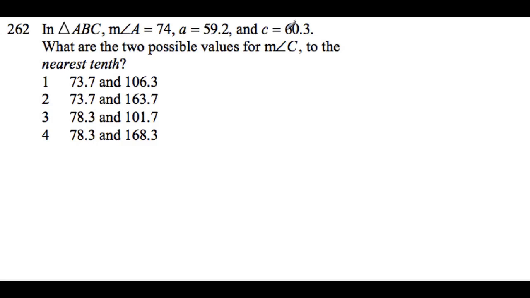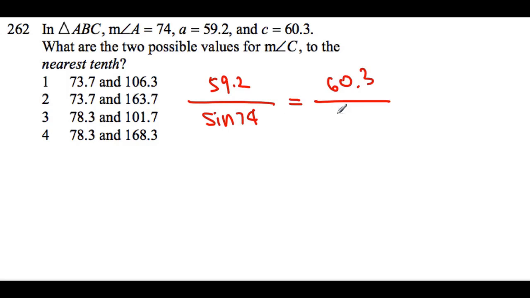So it's given, what are the two possible values of measure of the angle C? So here, we're going to do 59.2 over sine of 74 degrees is equal to 60.3 over sine of measure of the angle C. Alright, so here let us try to see which one would have been our answer.